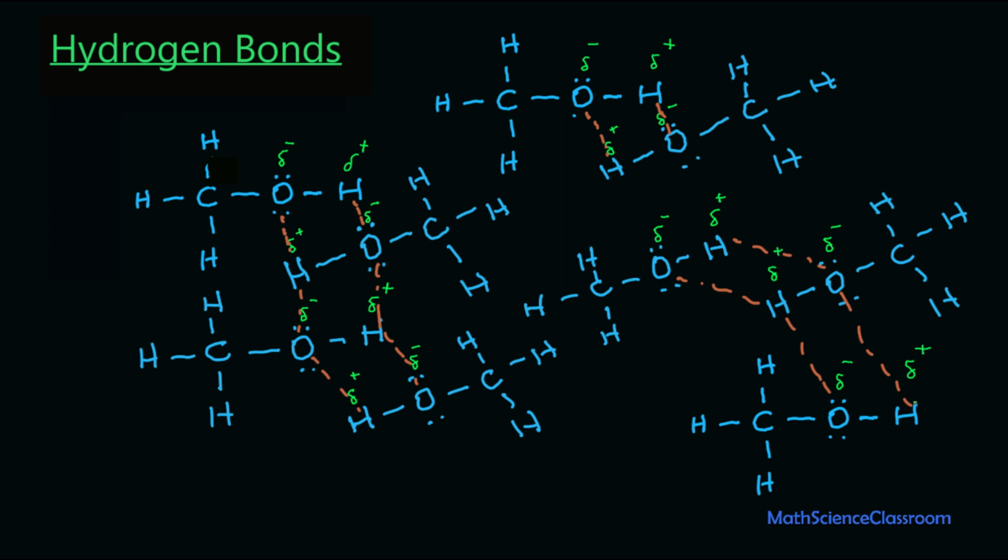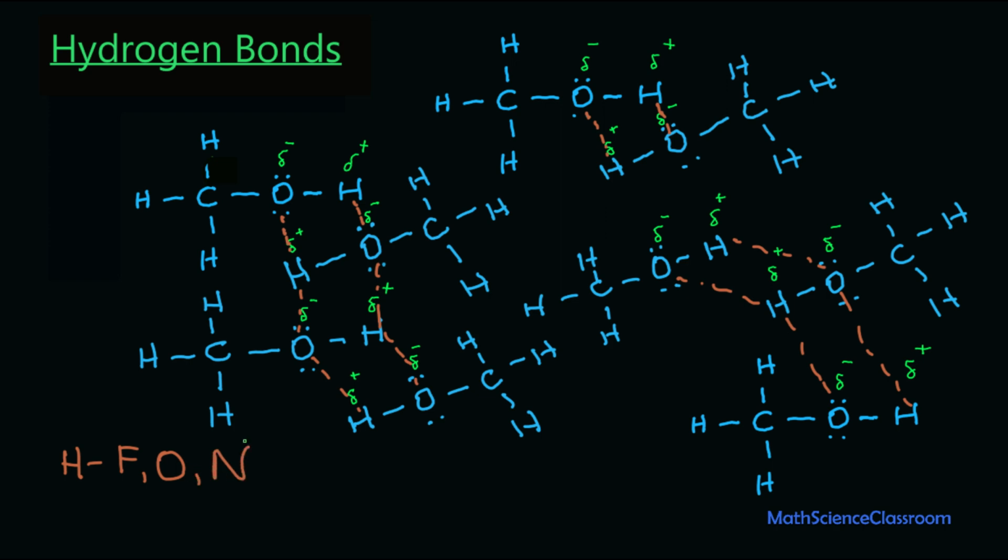Now, I want to talk about why the bonds are forming on these particular elements. Why oxygen? Now, what we know is that hydrogen bonds will form between hydrogen and fluorine, oxygen, or nitrogen.